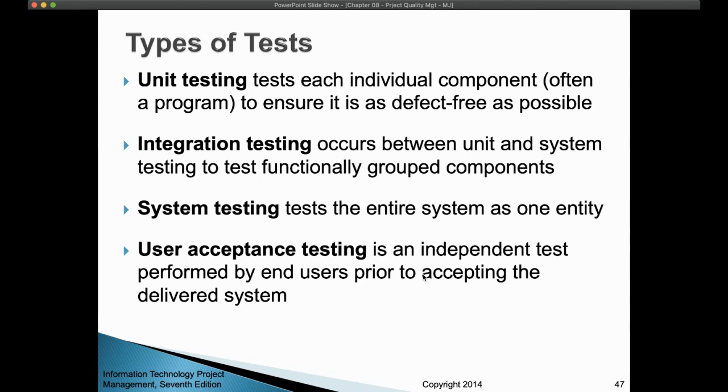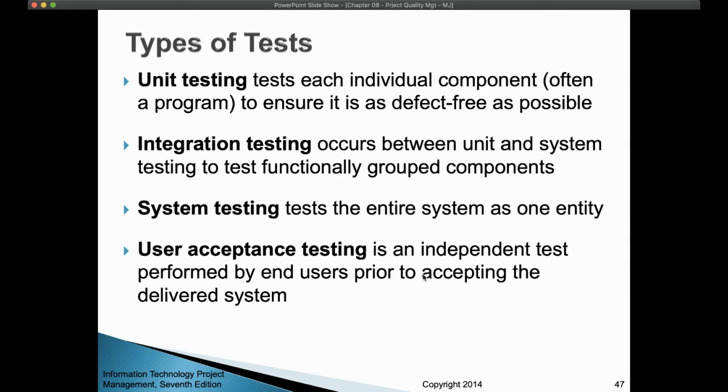Then you have the system testing. System testing tests the entire system, okay? Not just these integrated modules, but the whole complete system, including different parts of the system, for example, servers, databases, and everything, not just the coding, okay?